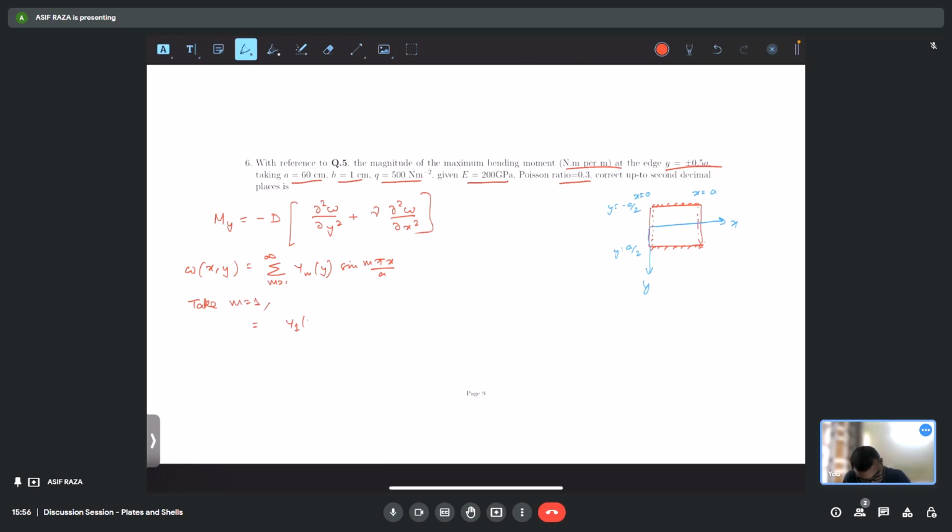We will be having Y1 sin (pi x by a), that is equal to (A1 cos h pi y by a plus B1 y sin h pi y by a plus 4 q a to the power 4 by D pi to the power 5) sin (pi x by a).